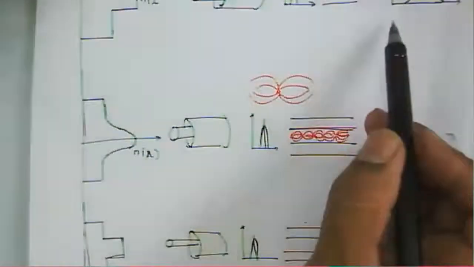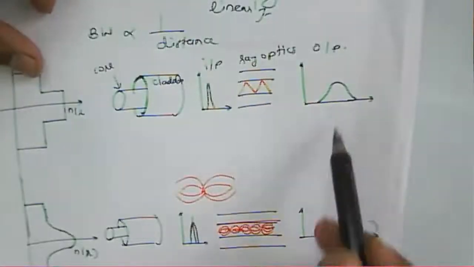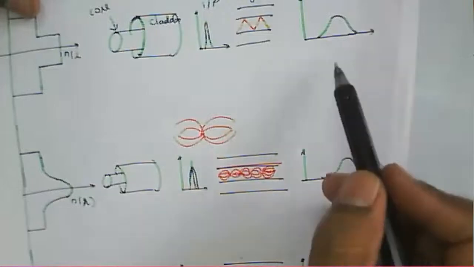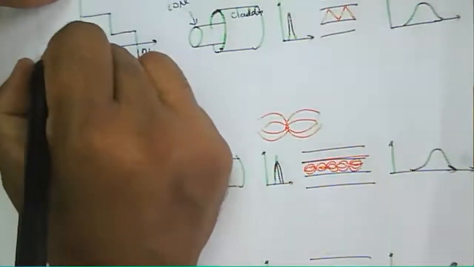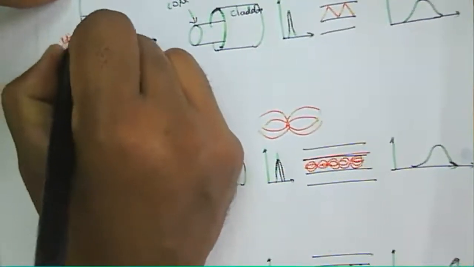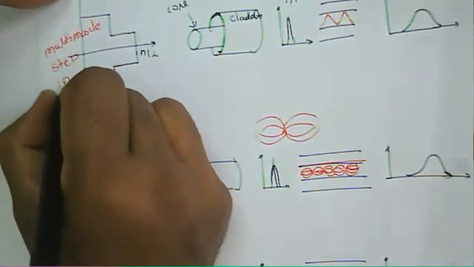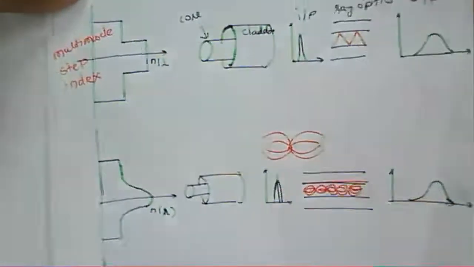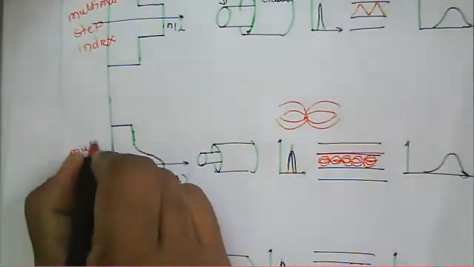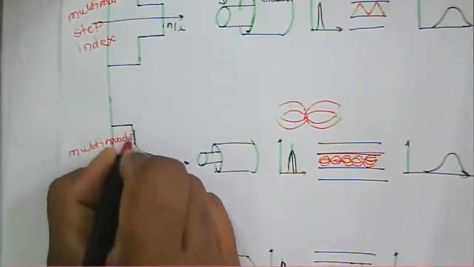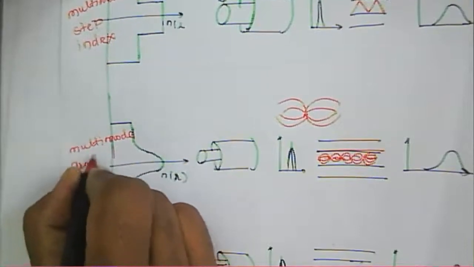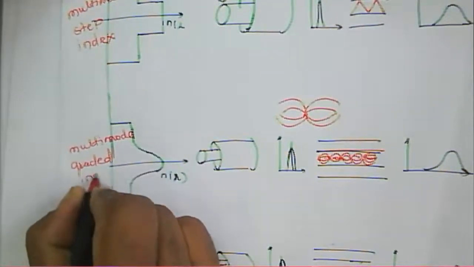Now in the case of a multimode fiber, the broadening will be large, whether we are using a step index fiber or a gradient index fiber. This is the multimode step index fiber, where pulse broadening takes place. This is the multimode gradient index fiber.